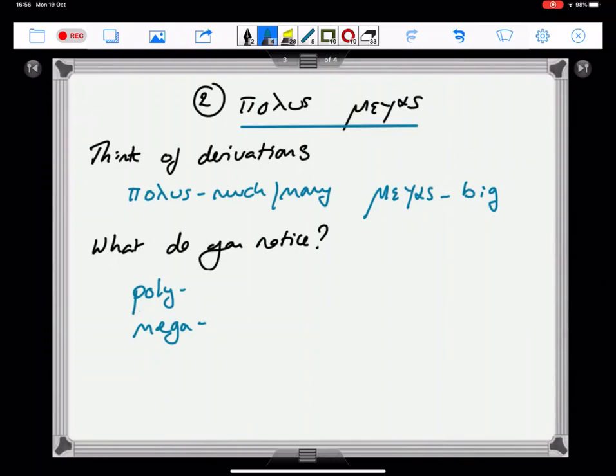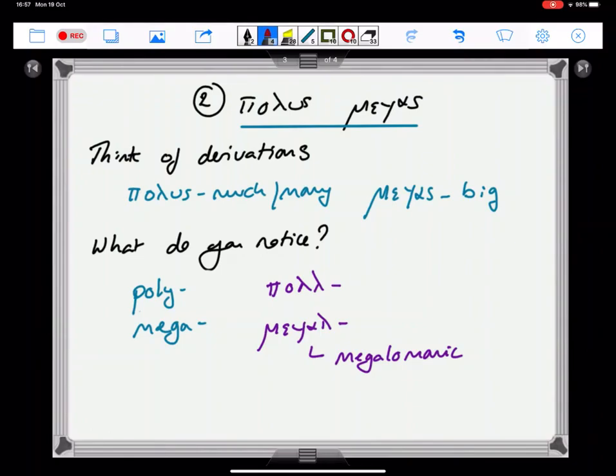In fact, the stem is poll with two L's and megal with an extra L in it. And that might give you something like megalomaniac. So it does exist as a root there, but it's not one of the more common ways of thinking of mega. So polus and megas actually have a stem with an extra L in it.